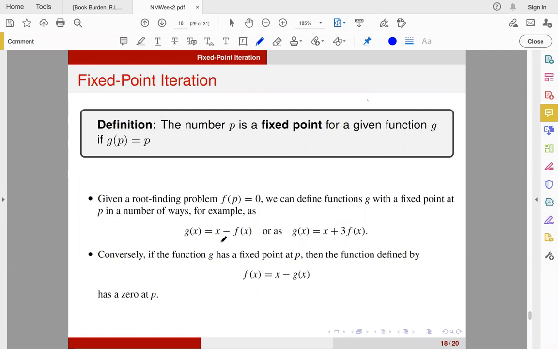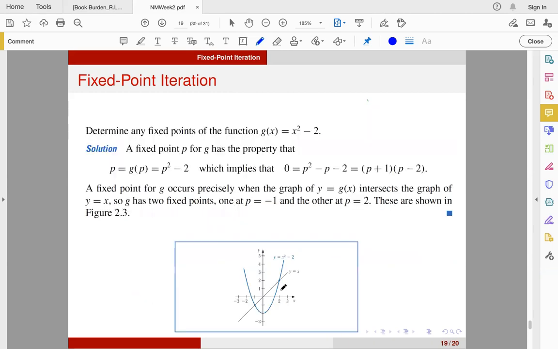So in fixed point iteration, we can arrange many kinds of expressions from f(x). After we arrange an expression, we can arrange the iteration. That is the idea of fixed point iteration. Okay, so let's see the example.